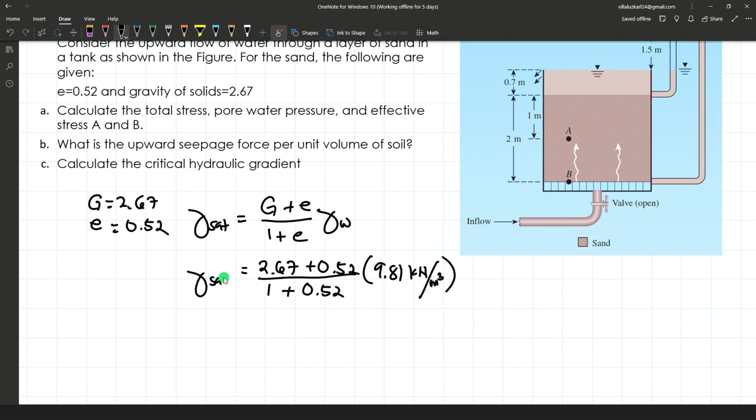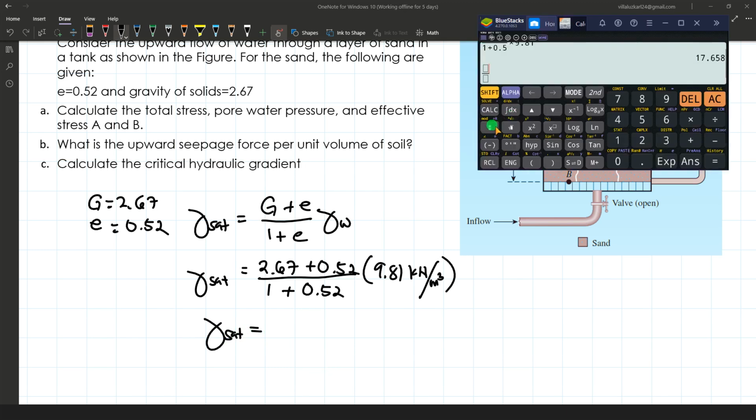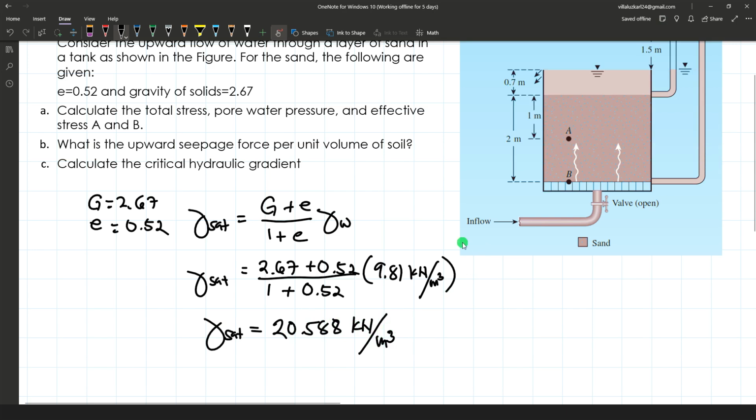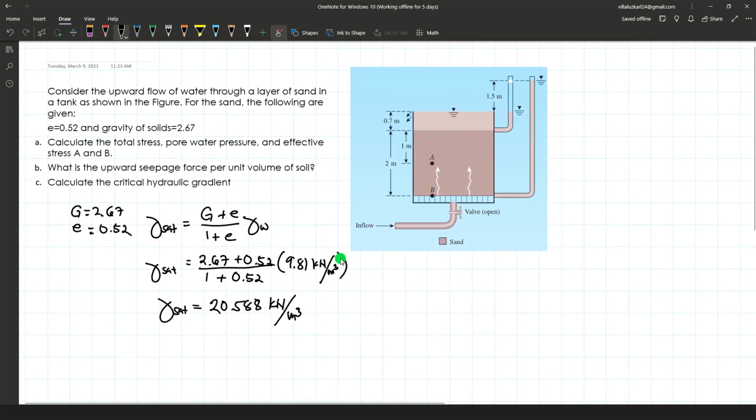So that's the saturated unit weight, which is 20.588 kilonewtons per cubic meter.